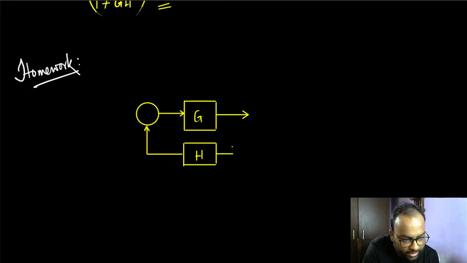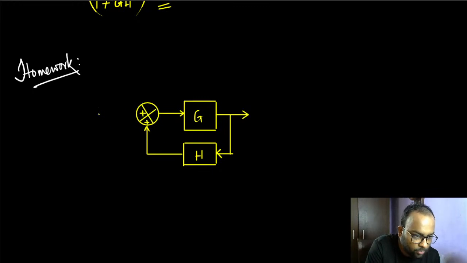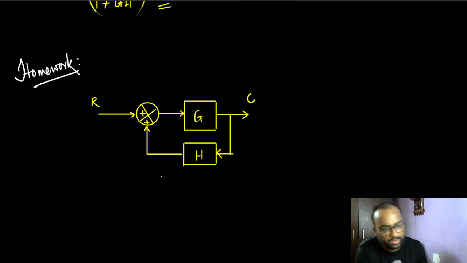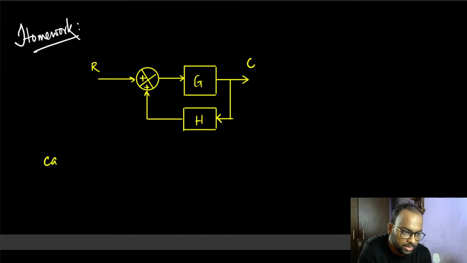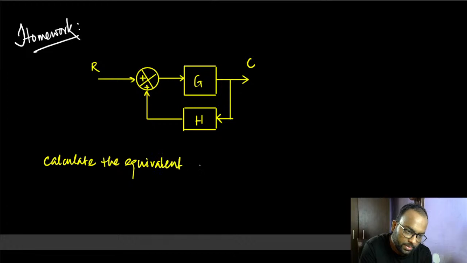The very same thing, only that instead of being a comparator, this is a summing block. So both of them have the plus sign. This is R, this is C. So calculate the equivalent transfer function. Question is, calculate the equivalent transfer function.